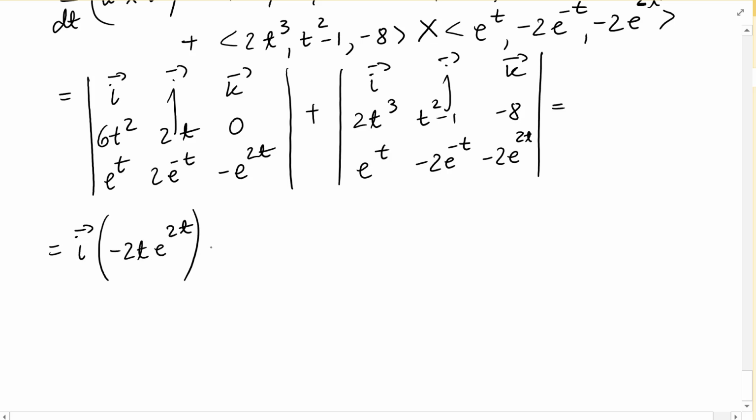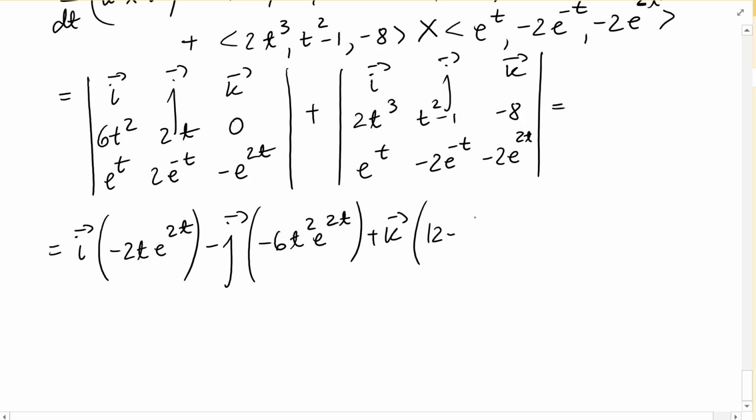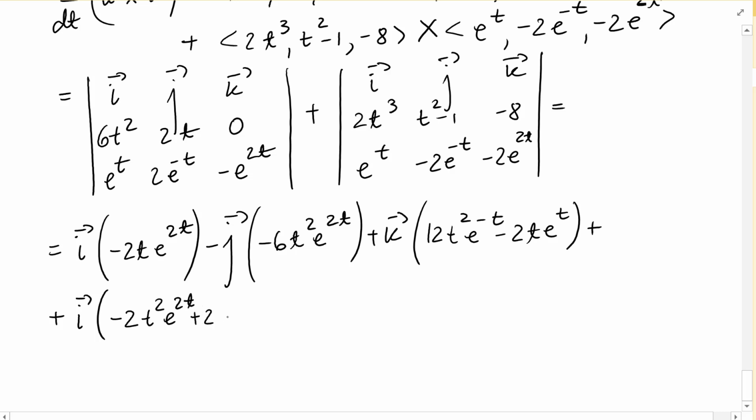Then minus j, now we cross out the row and column of j, and we end up with negative 6t squared e to 2t, and then minus 0, and then plus k, and then we cross out, and we end up with 12t squared e to negative t, minus 2t e to t, plus i, we're doing the second determinant, so negative 2t squared e to 2t, plus 2e to 2t.